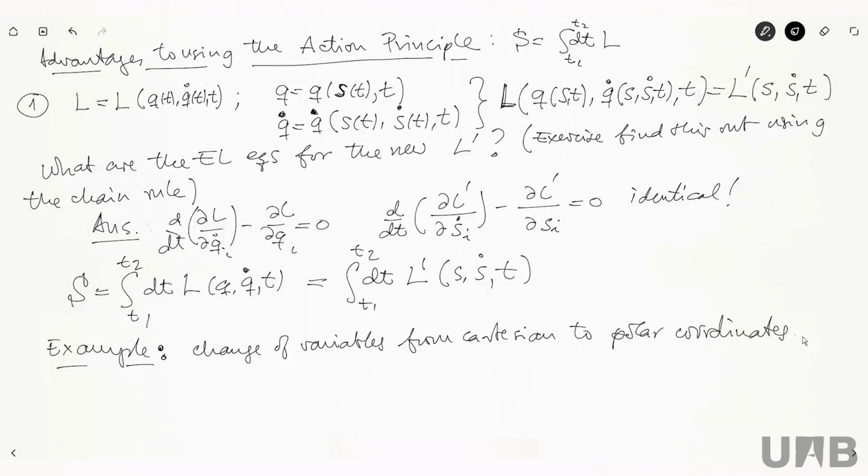All right, so that's the thing. And this is immediately obvious if you think in terms of the action principle, in the way I've been arguing here. So that's one advantage. Second advantage is that the action S, the integral dt of L from t1 to t2, encompasses all the symmetries of the system.